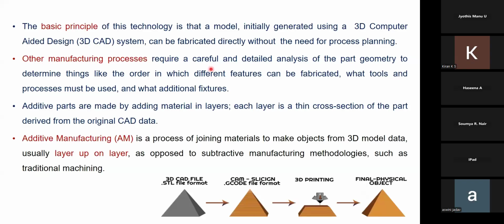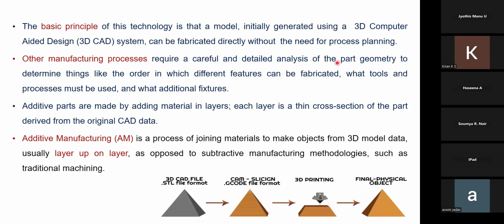So any of the software. And if you feed that CAD data to the machine, you have to do some pre-processing that I will explain in the later stage. If you feed this data, it will fabricate the part without the need of process planning.